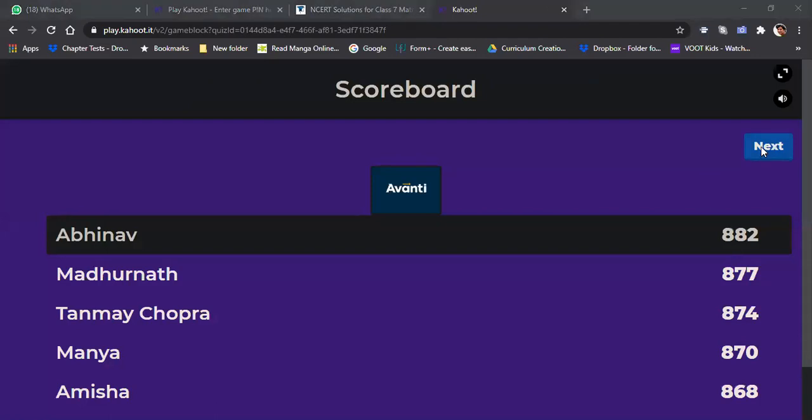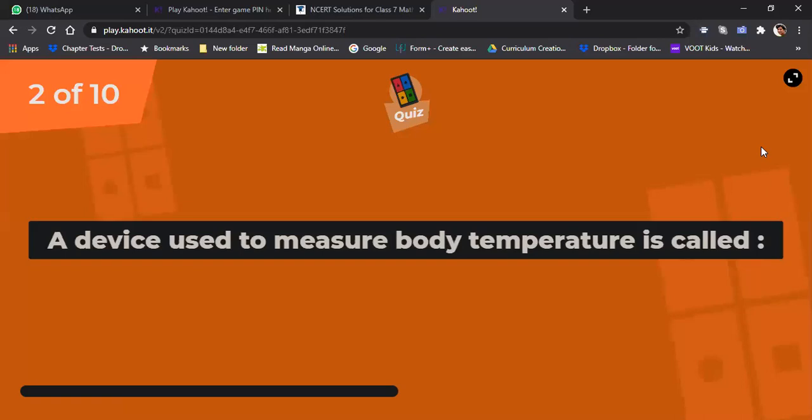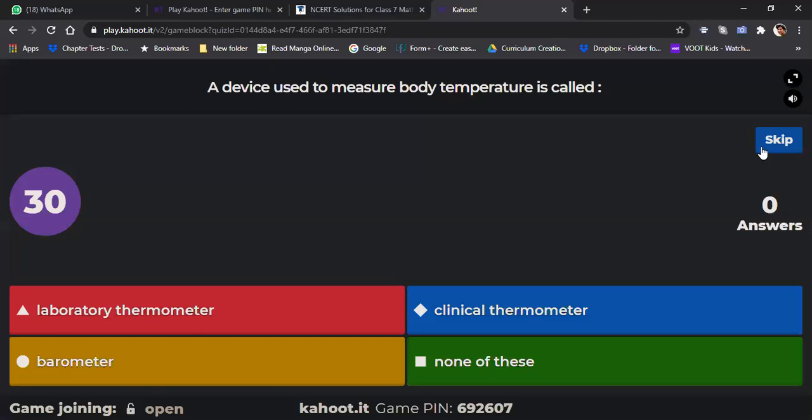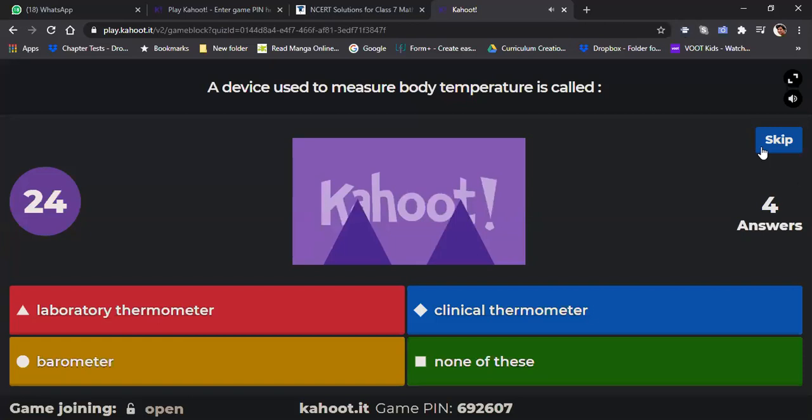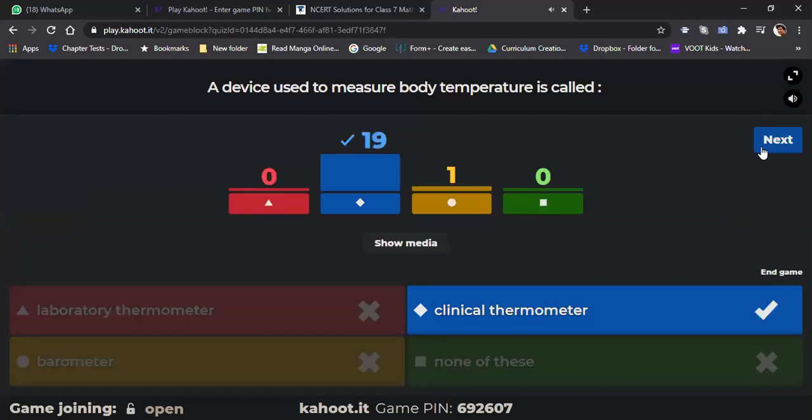Okay, second question. Everyone, see your screen. A device used to measure body temperature is called? Easy question. Okay, very good. 19 students have answered.